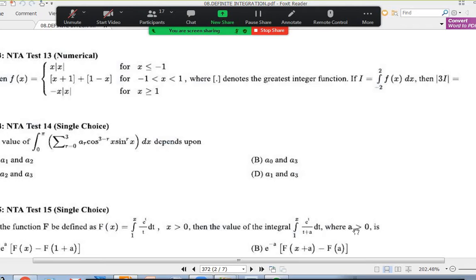Okay, 13th one. f of x is equal to x mod x, where x is less than or equal to minus 1.